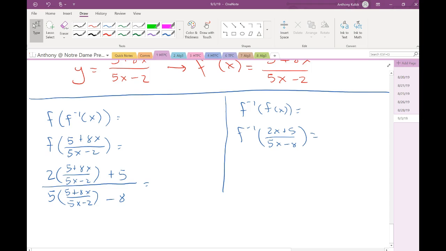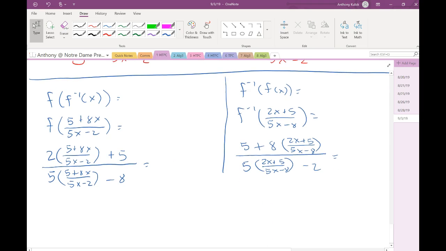Similarly over here, I'm going to write my f inverse, and everywhere where there was an x in my f inverse, I'm going to put a set of parentheses, and inside that set of parentheses, I'm going to write my f. Is everybody okay to hear?